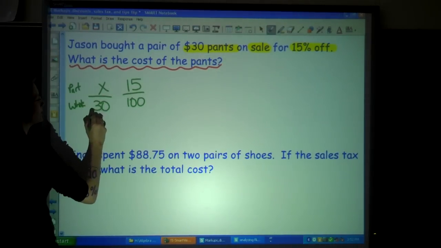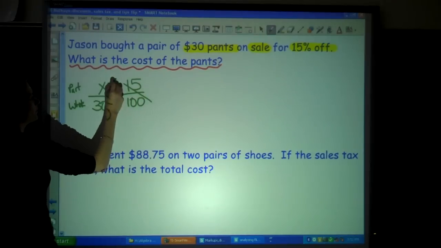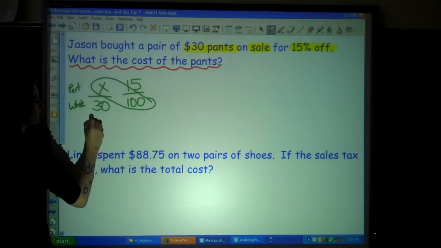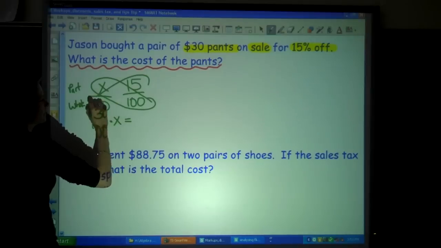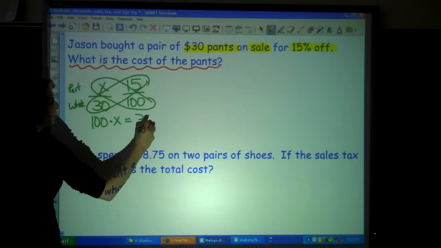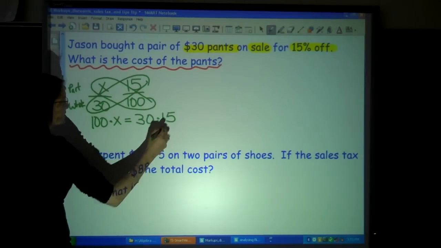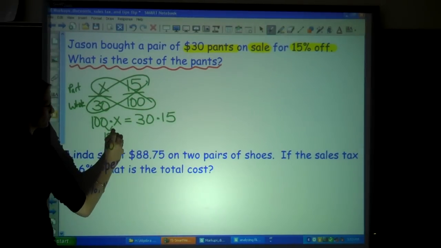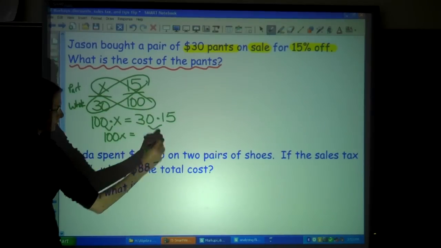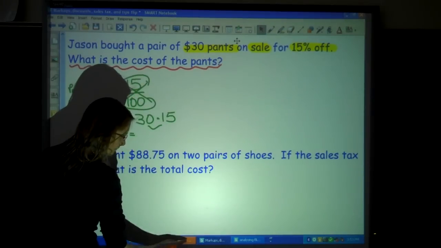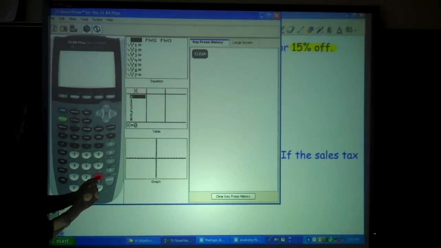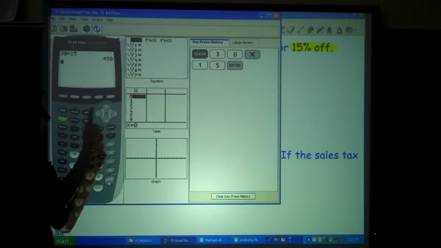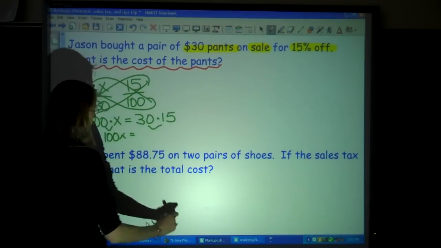And I'm going to start with my extremes, because the variables are extremes times extremes, so 100 times X. And my means times my means, 30 times 15, so that gives me 100x, 30 times 15, which is 450.